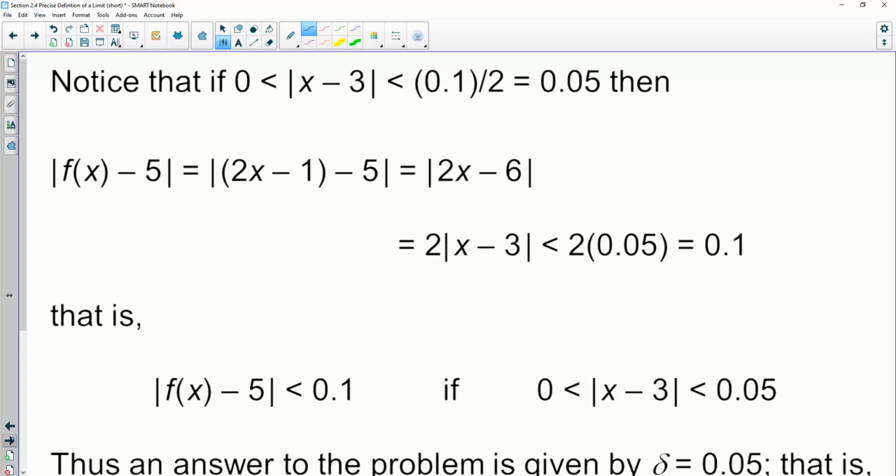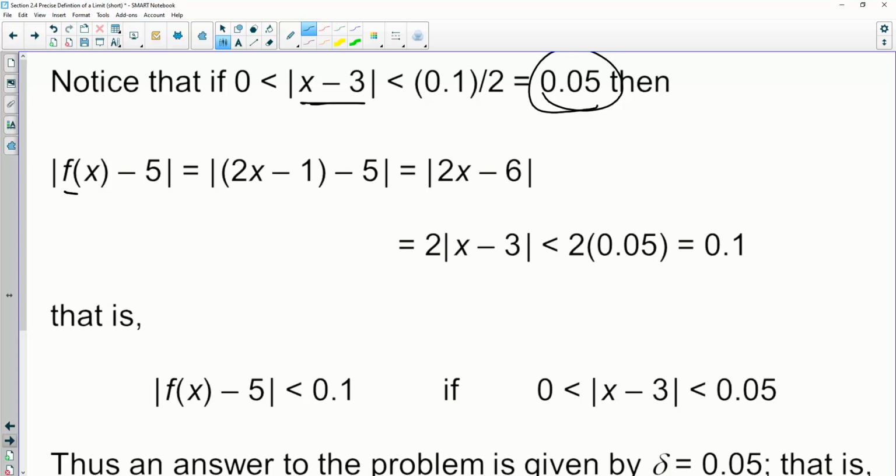I am doing a little magic here, and I'm just telling you what this number is. Later we're going to figure out how we find it. But let's say the distance between x and 3 was 0.05.